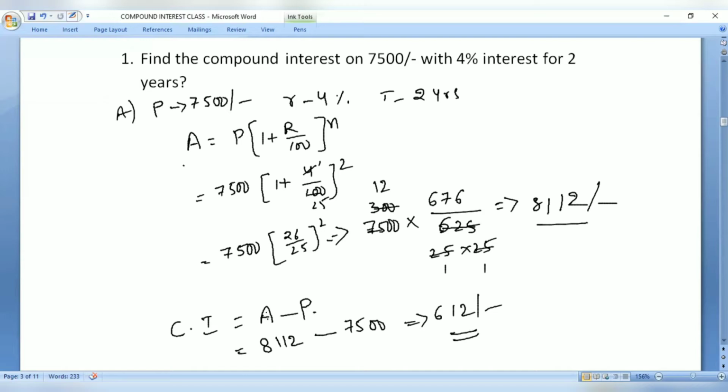If you subtract the principal, you get the interest that you earn. So we have calculated the amount, subtracted the principal from it, and received the compound interest. Just see the problem once, then we will move on with the second question.